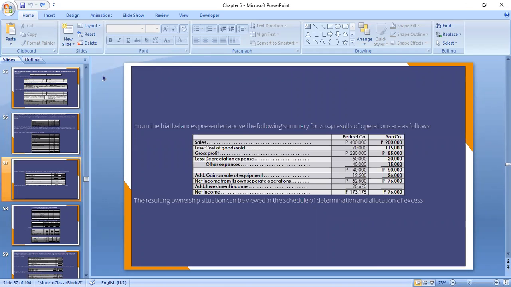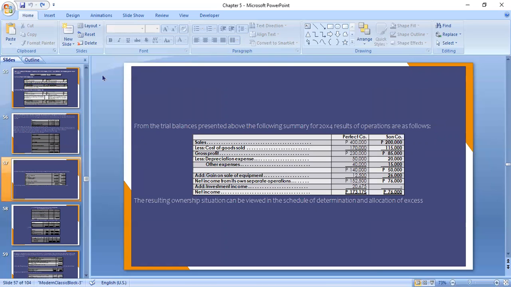From the trial balances presented above, the following is the summary of 2024 results of operations. We have the amount of sales minus cost of goods sold, giving the gross profit, and then we deduct depreciation expense and other expenses.